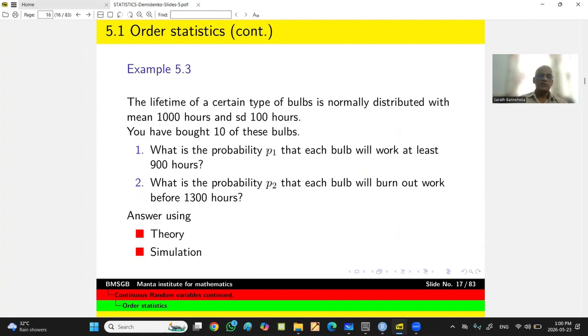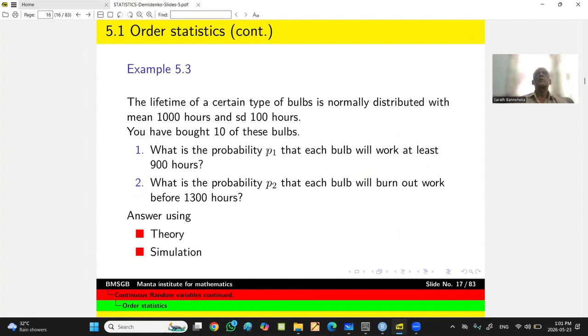And similarly, the second one, what is the probability P2 that each bulb will burn out before 1300 hours? Each bulb will burn out before 1300 hours if and only if the maximum of the lifetimes of these 10 bulbs is less than or equal to 1300, right? You can understand this if and only if thing, right? That means it goes both ways.